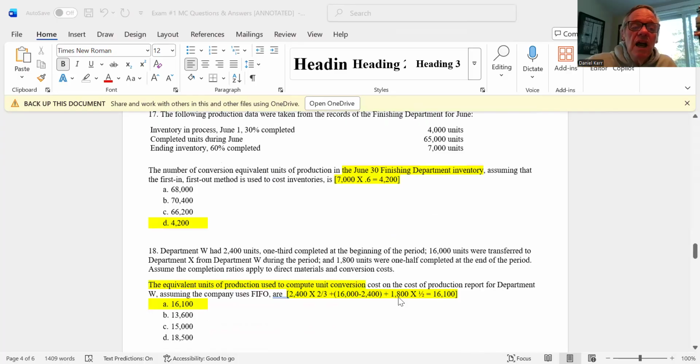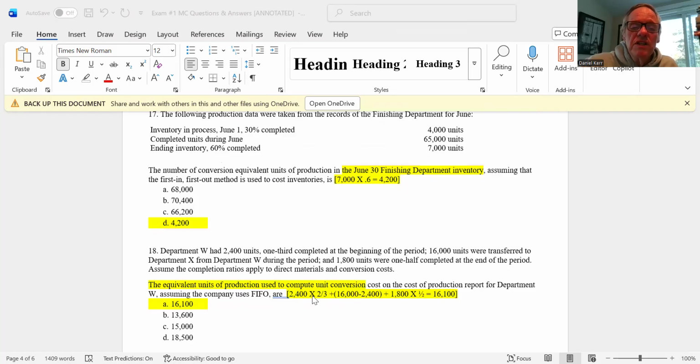18. Department W had 2,400 units, 1/3 completed at the beginning of the period. 16,000 units were transferred to Department X from Department W during the period. 1,800 units were 1/2 completed at the end of the period. Assume that the ratios apply to direct materials and conversion costs. What are the equivalent units of production used to compute unit conversion cost on the production department report for Department W, assuming FIFO?